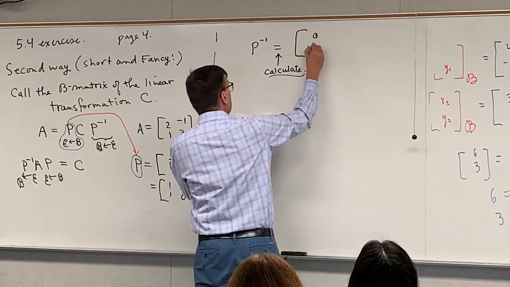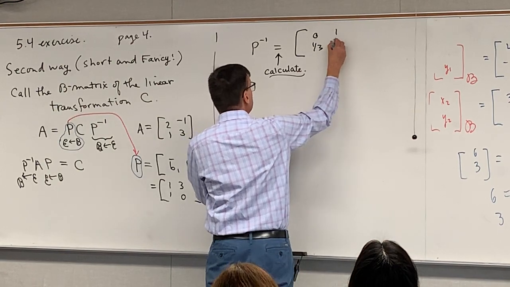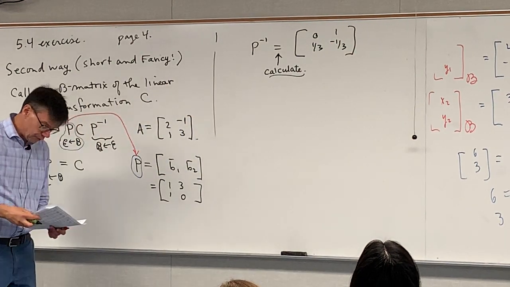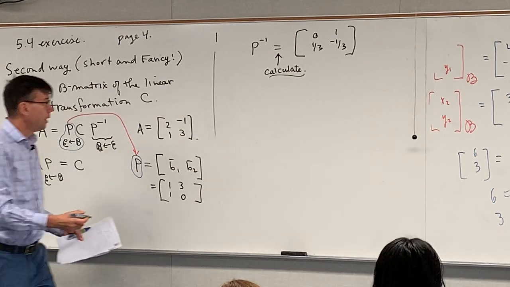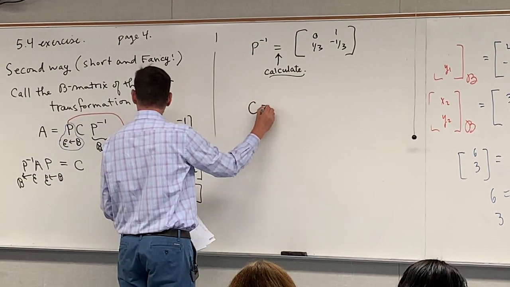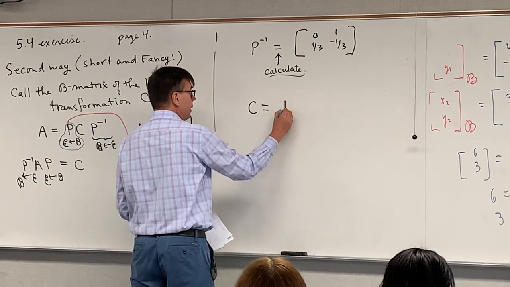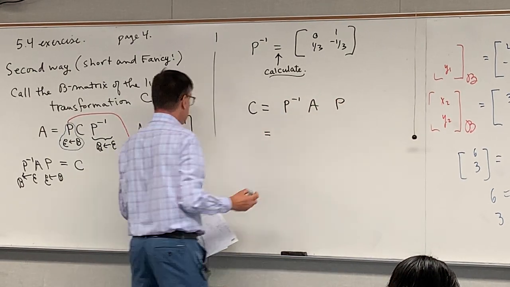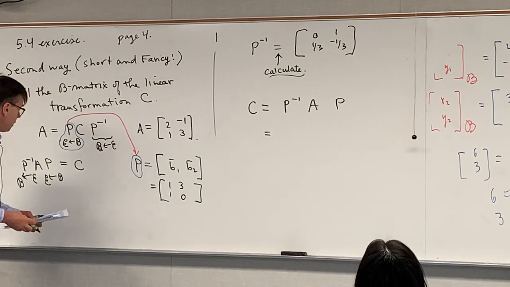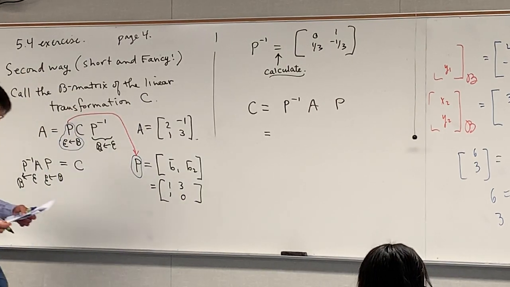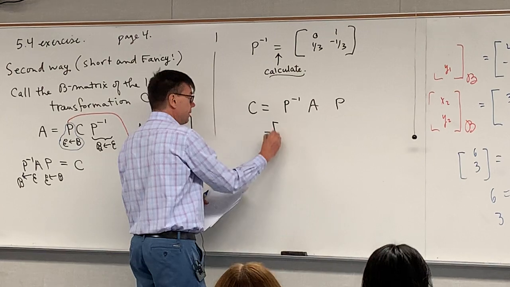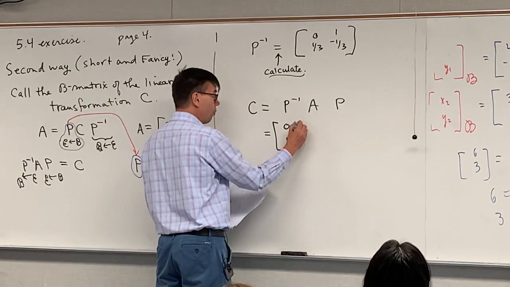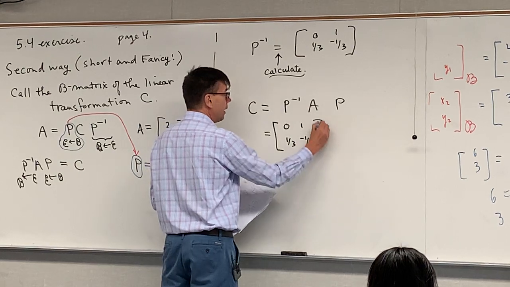0, a third, 1, negative a third. So you've got to go through the process of calculating. And so if we write C as P inverse A P, this is my 0, 1/3, 1, negative a third.